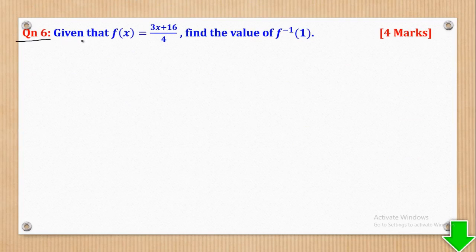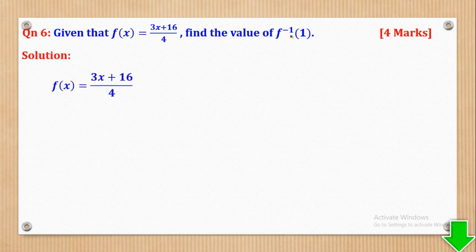Question 6 says, given that f(x) is equal to (3x plus 16) over 4, find the inverse of f(1). So they want the inverse of f(1). The first thing to do is to get the inverse of f(x), after which we shall substitute.